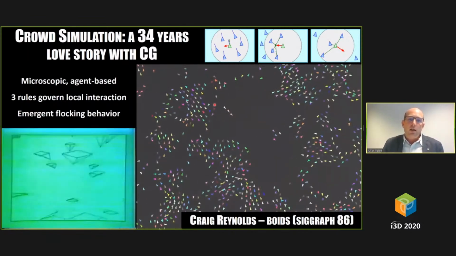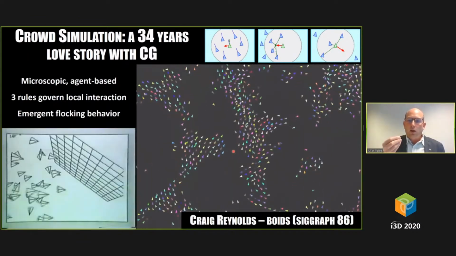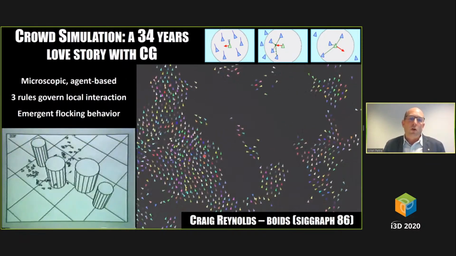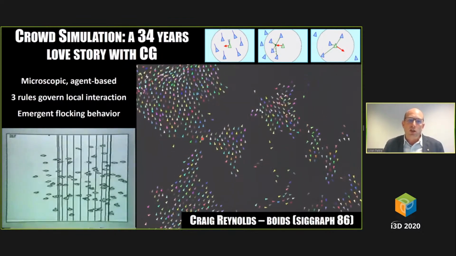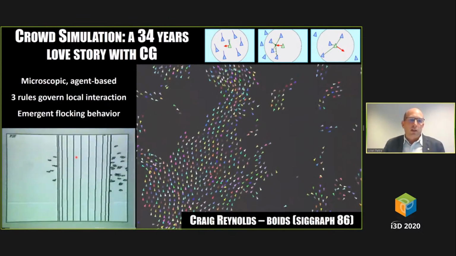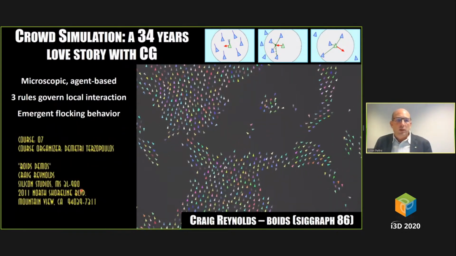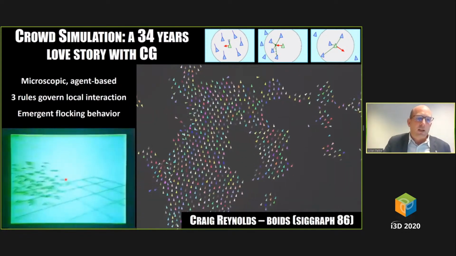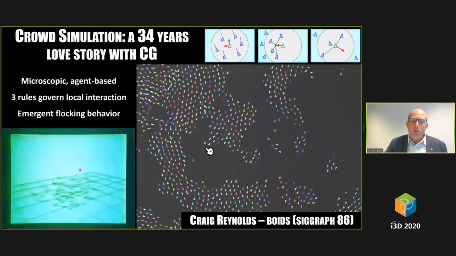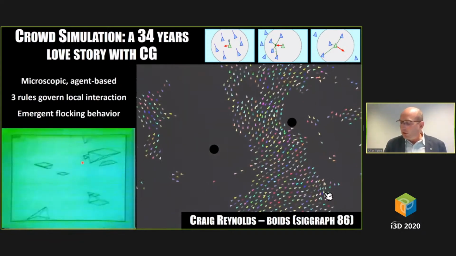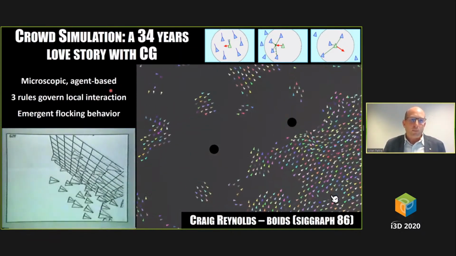You can see here the fascinating flocking motion that emerges from only these three rules applied to each agent. Let me also mention that here you see the original video of the paper that was submitted to SIGGRAPH and that I stole from Demetri Terzopoulos. He used this video in a SIGGRAPH course, and it's on YouTube, you can find it.